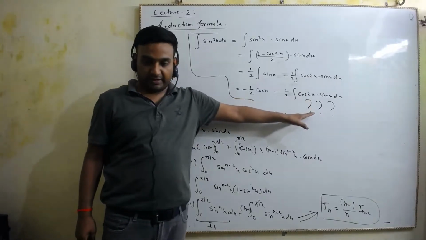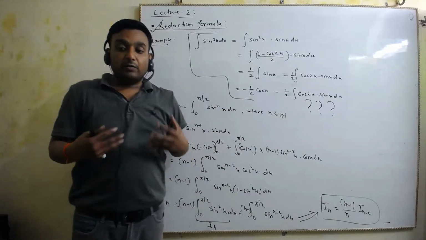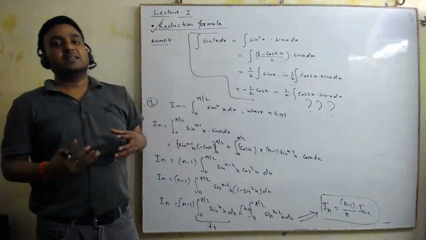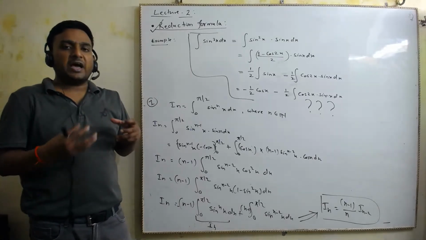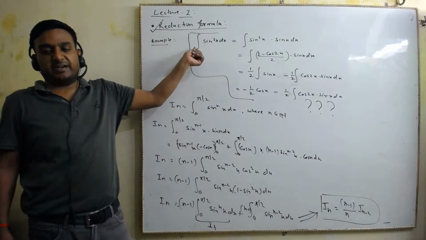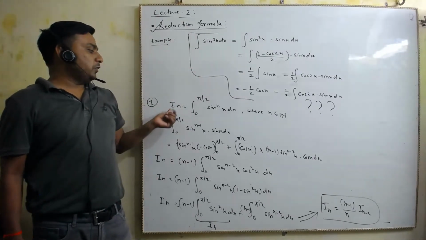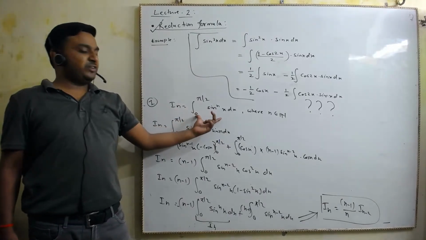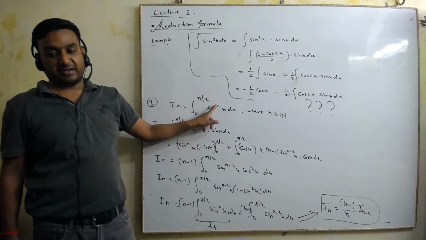Although I can expand more, I put a question mark here. From here I said that this gives an intuition that we should have some general formulas for the integration of such functions. Okay Shibu? So I took an integration like this where this is sin^n x, power n.